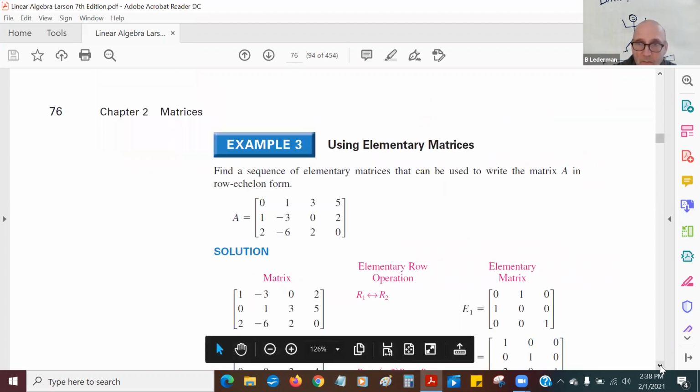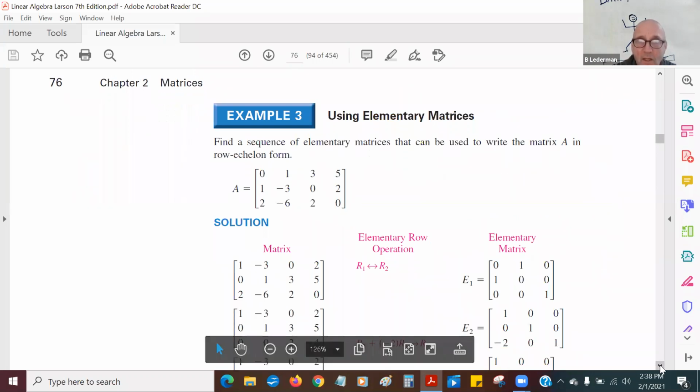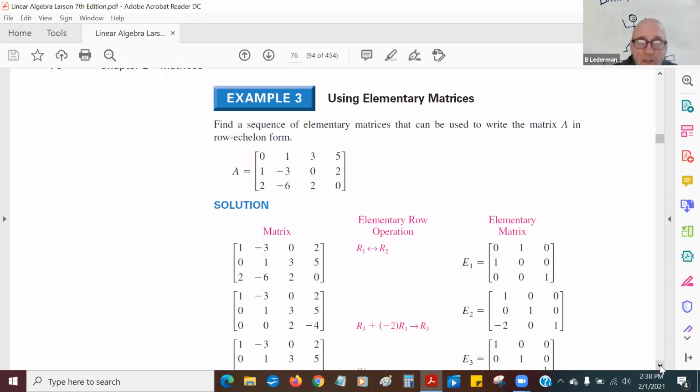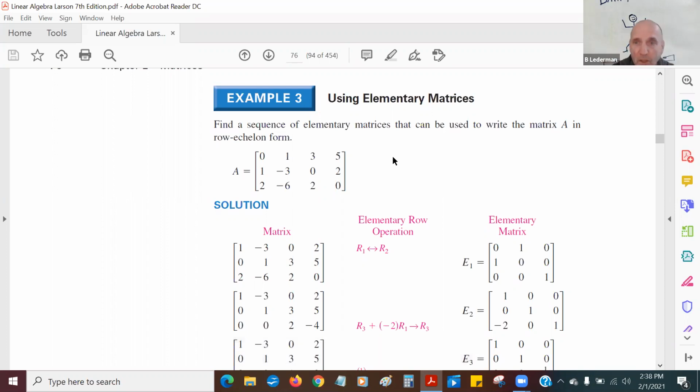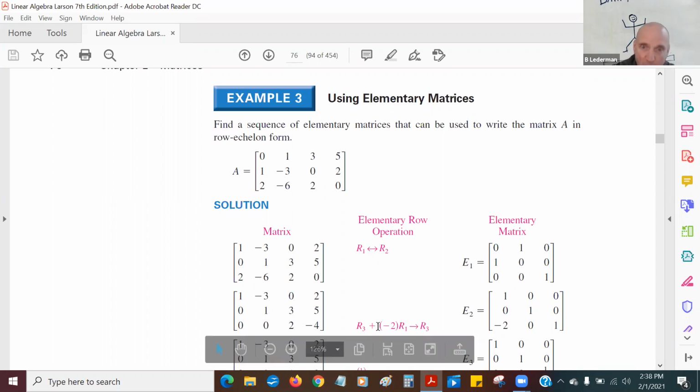Okay. Now here we want to find a sequence of elementary matrices that could be used to write matrix A in row echelon form. Now that's kind of amazing, because when we did row echelon form previously, we would write these little notes: we switched this row, we added that row, and so on.